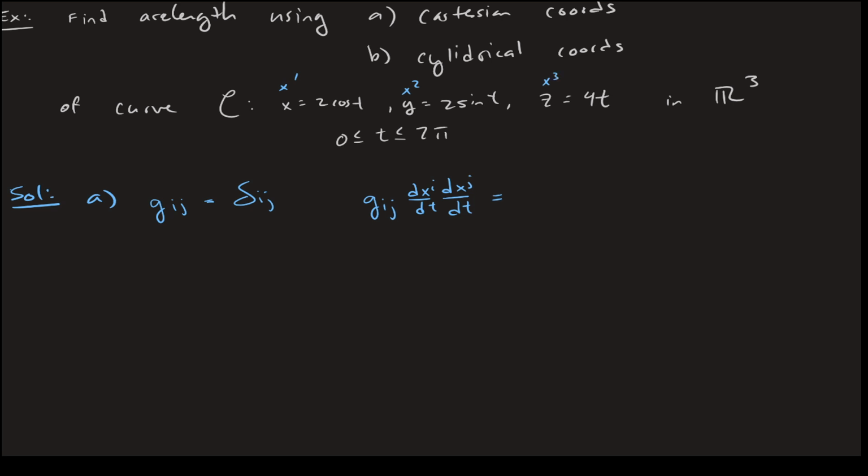This would just be (dx/dt) squared plus (dy/dt) squared plus (dz/dt) squared, which would be, let's see, 4 sine squared t plus 4 cosine squared t plus 16.